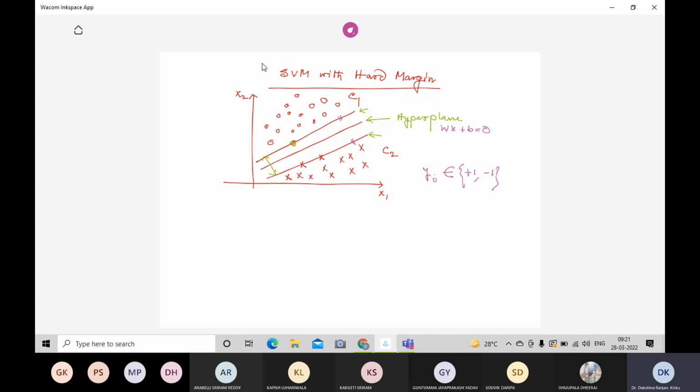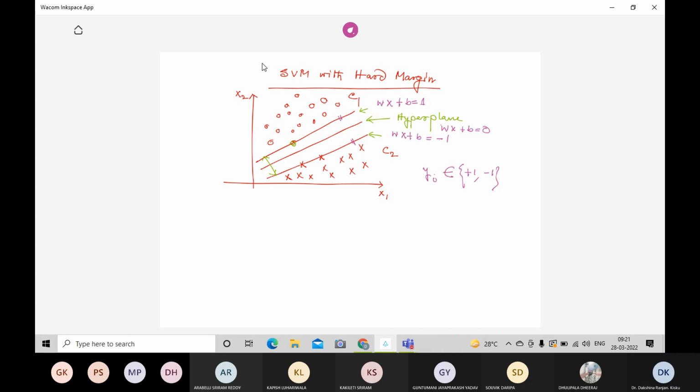Okay, so in this situation we can have the equation for the margin wx plus b equals to 1 for the margin which is used for class C1. Okay, and we can have the equation for the margin for class C2 as wx plus b equals to minus 1. Okay, wx plus b equals to minus 1.